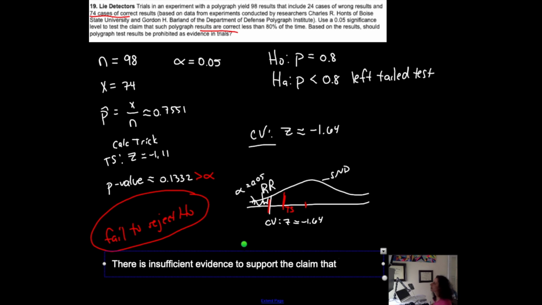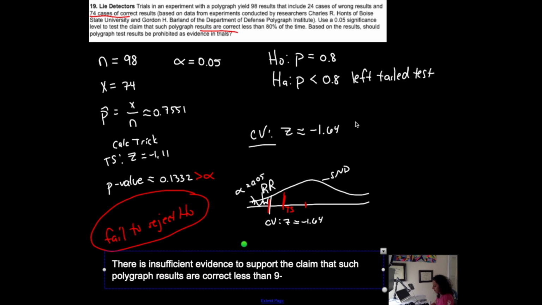let's go back here, such polygraph results are correct less than 80% of the time. Right? I'm not supporting this claim, which says that p is less than 80%.